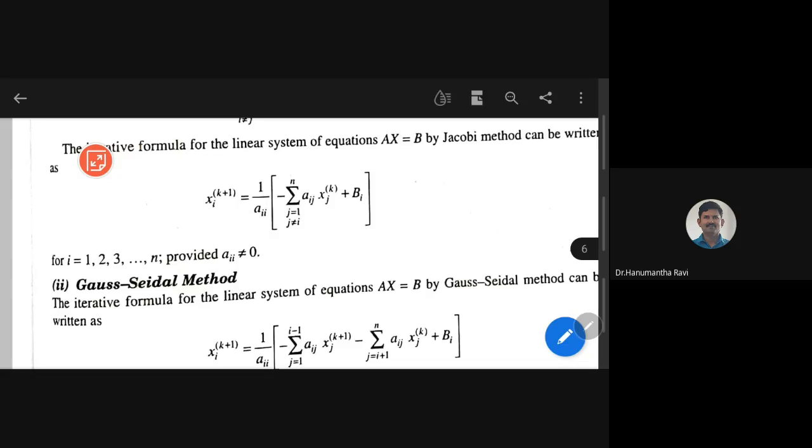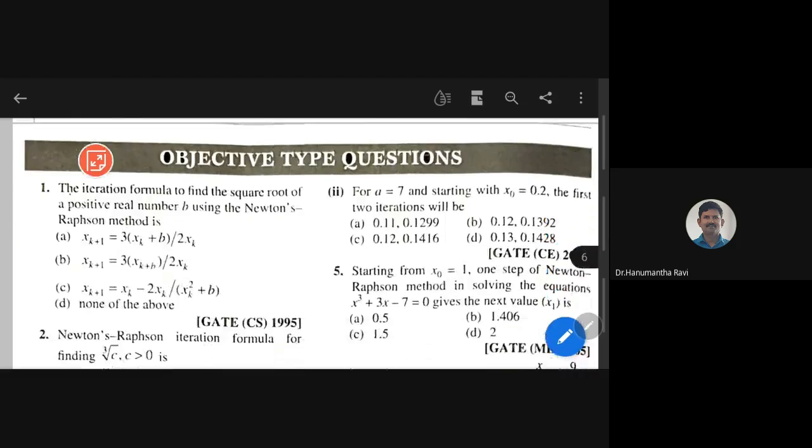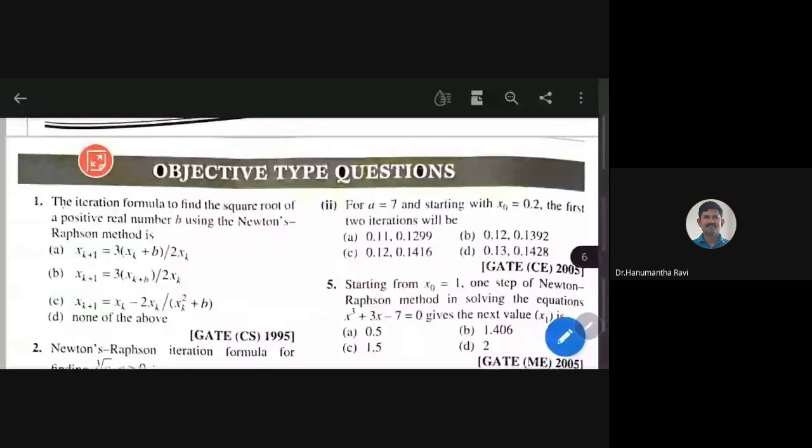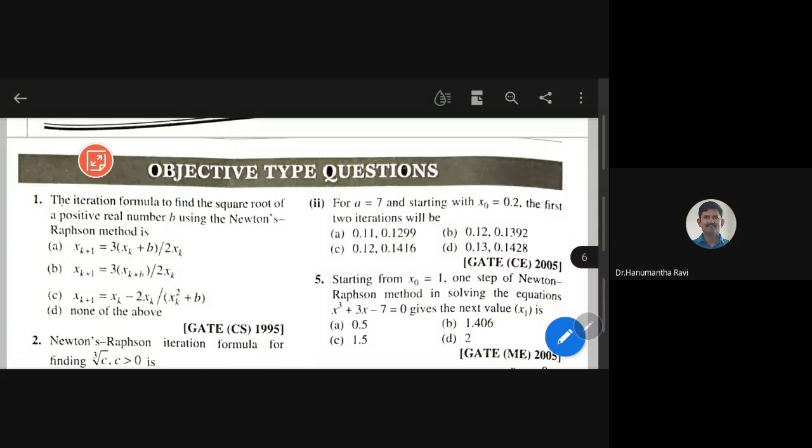On the other hand, when you are dealing with a system of linear equations, you can apply either Jacobi's method or the Gauss-Seidel method. So now we will see some important model questions on these numerical solutions to algebraic and transcendental equations.